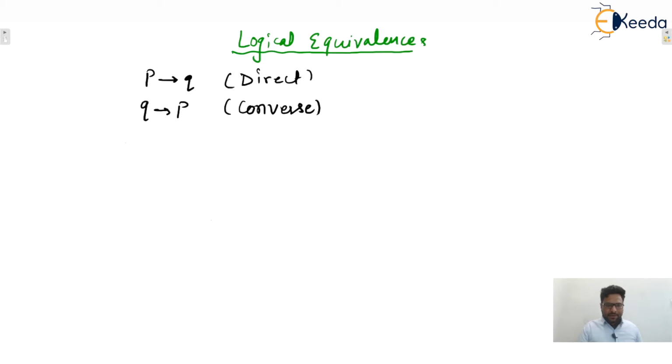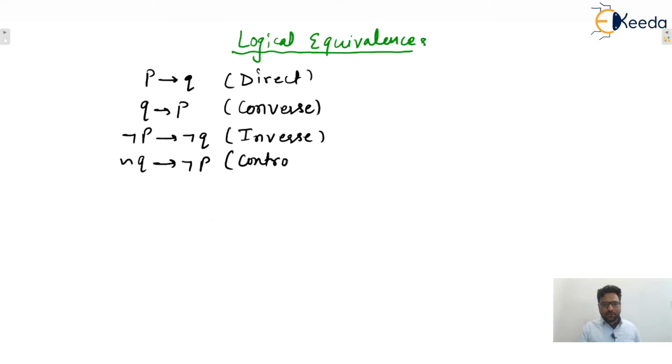Next, negation P implies negation Q is the inverse of the direct statement. And negation Q implies negation P is the contrapositive of direct.